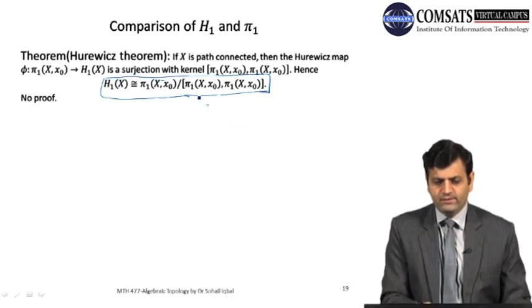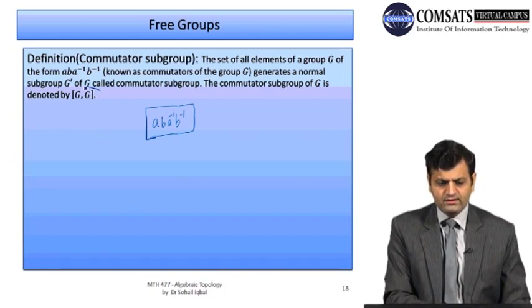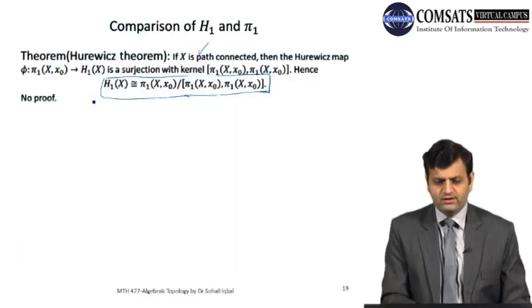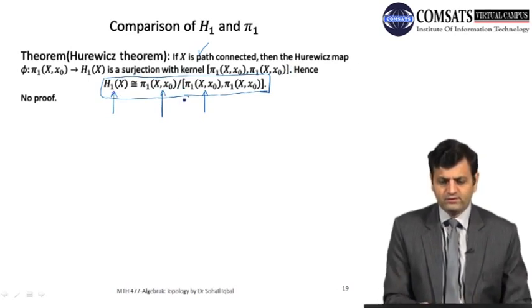So what's the relationship? If X is path connected, then the Hurewicz map is a surjection with kernel the commutator of this fundamental group. Okay, so let's go back and see the commutator group. This is denoted by the bracket G comma G. So this is the commutator subgroup of the fundamental group, and we are taking the quotient of the fundamental group with this commutator, and then we are getting this H1 of X. And of course there are many consequences of this theorem.